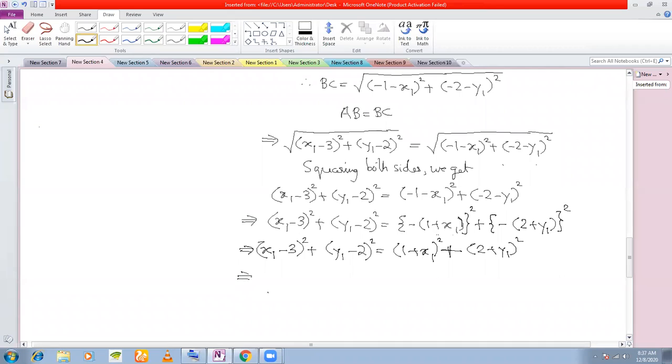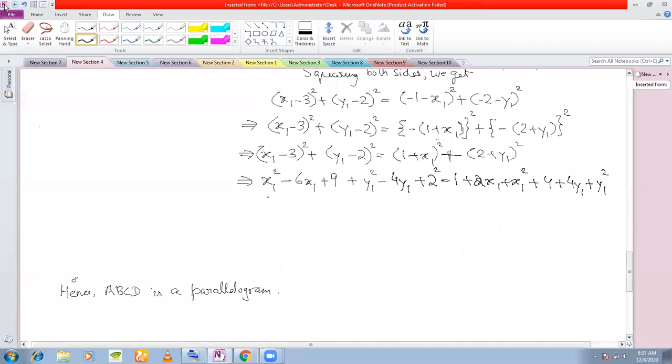Now you expand by the a minus b whole square formula and the a plus b whole square formula. a square minus 2ab plus b square plus a square minus 2ab plus b square equals a square plus 2ab plus b square plus a square plus 2ab plus b square. This is how you expand.